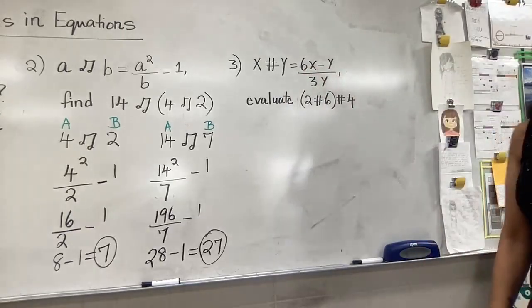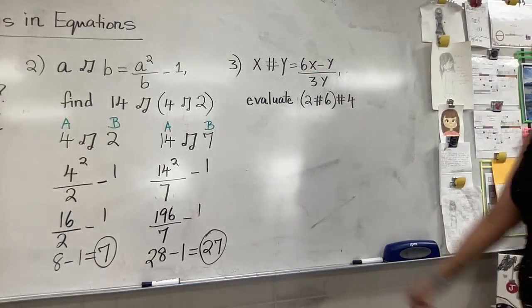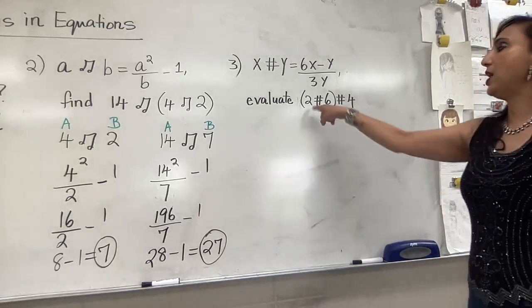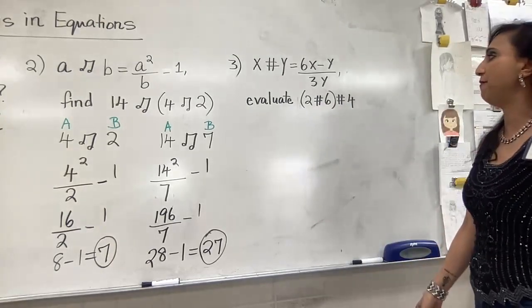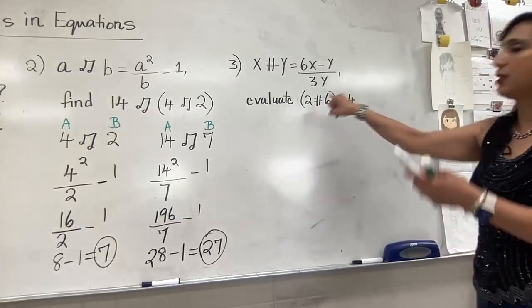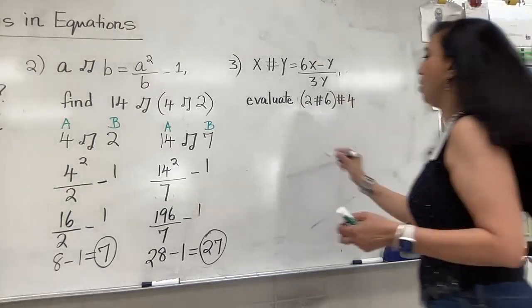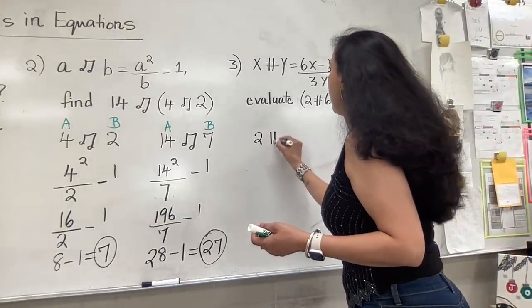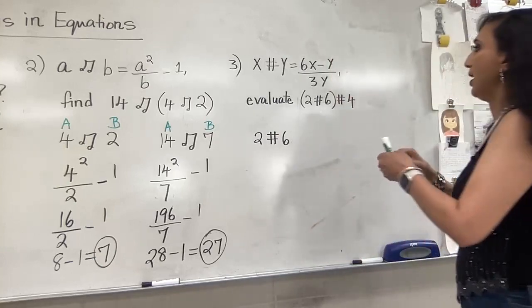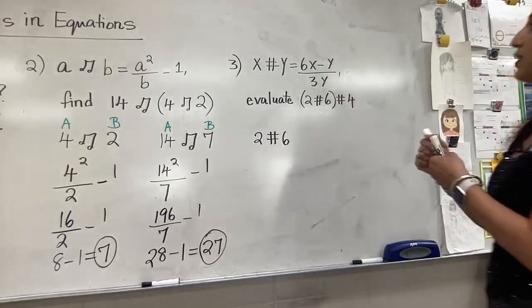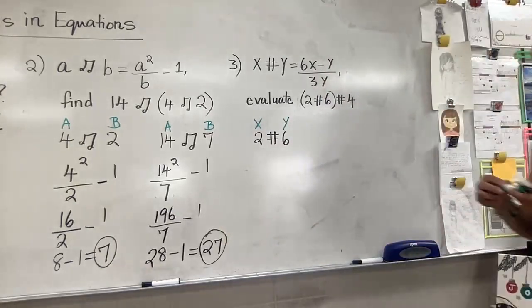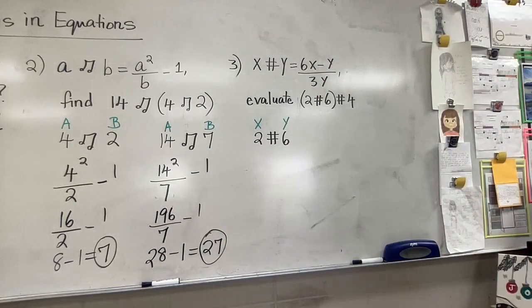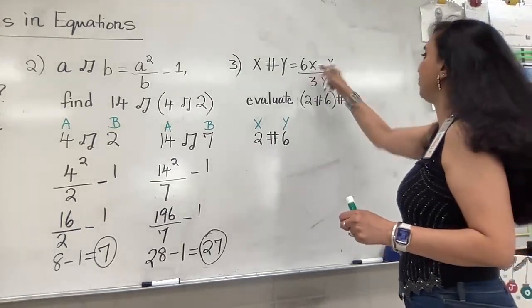It's asking me to evaluate 2 hashtag 6 hashtag 4, and based on PEMDAS, parentheses come first, so we solve this part first. I'm going to write 2 hashtag 6, and please remember that we have x and y: the first one is x, the second one is y. The formula is 6x minus y over 3y.